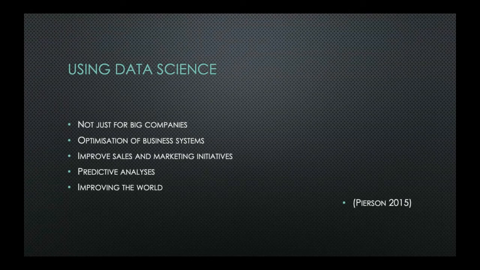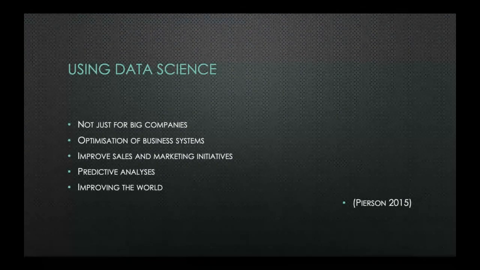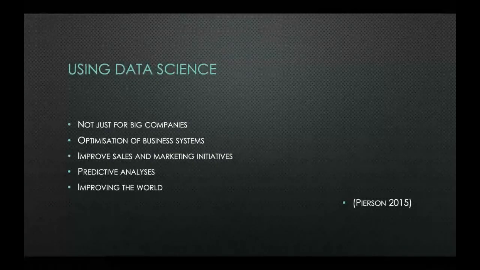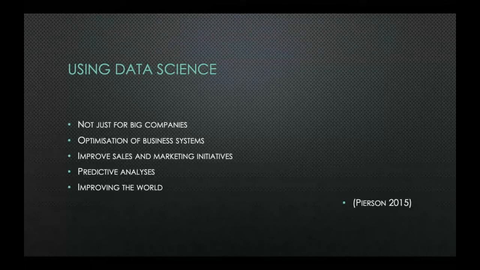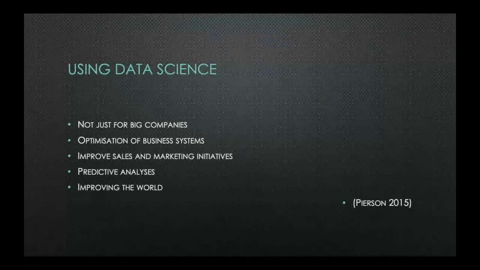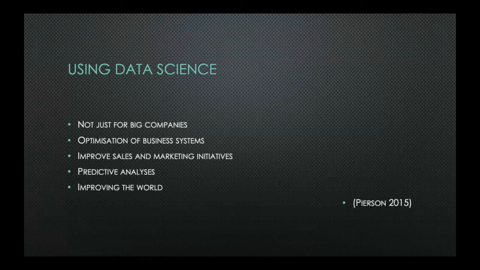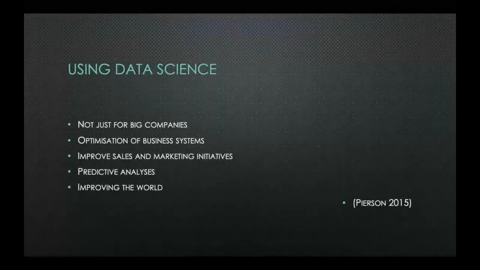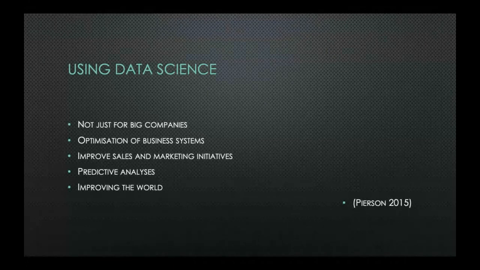So in business, data science will help optimize the business system. For example, like Google, Amazon, right? Let's say Amazon, they use data science to analyze the behavior of customers so that they can find which marketing strategy is the best at which time, so that they can maximize the benefits, profits.